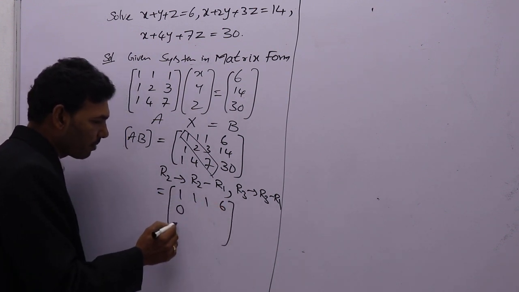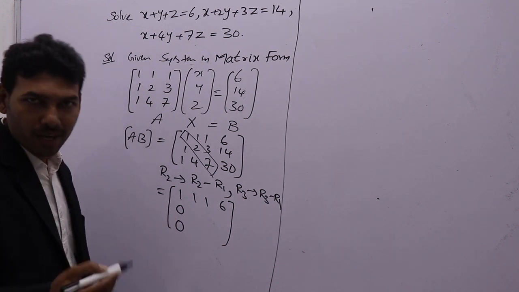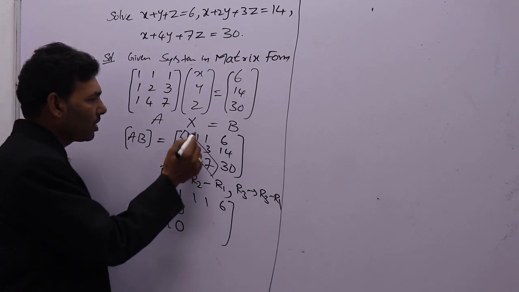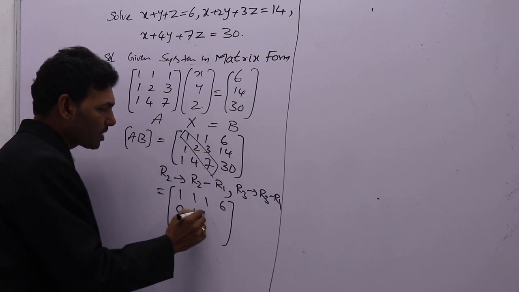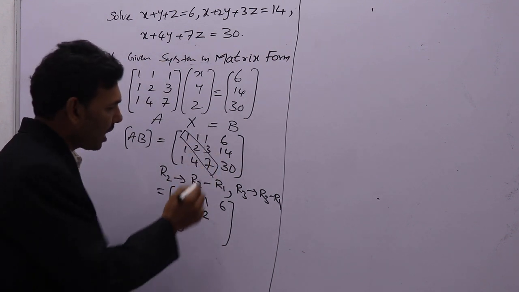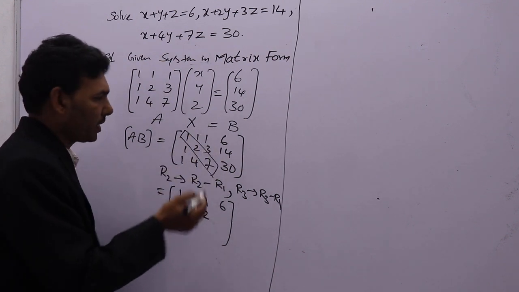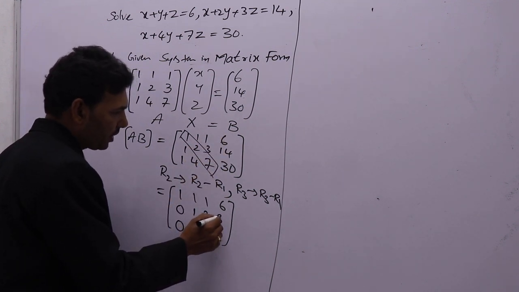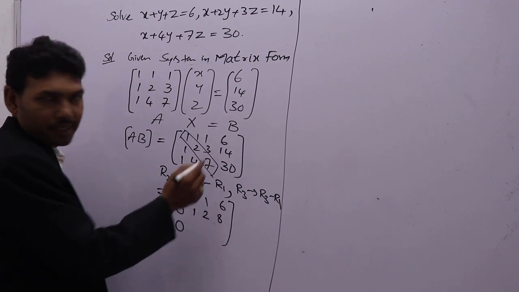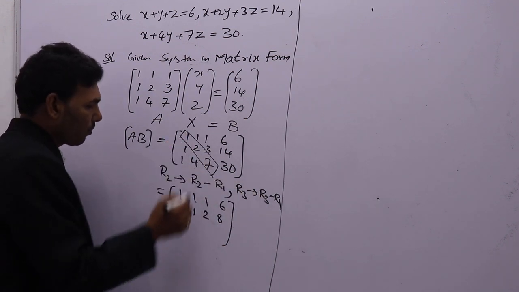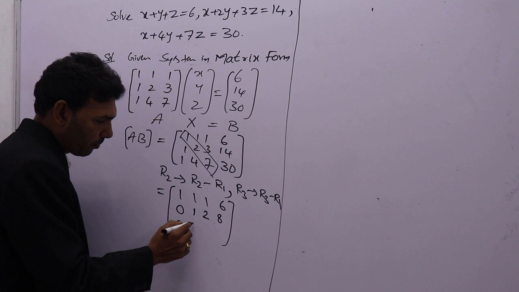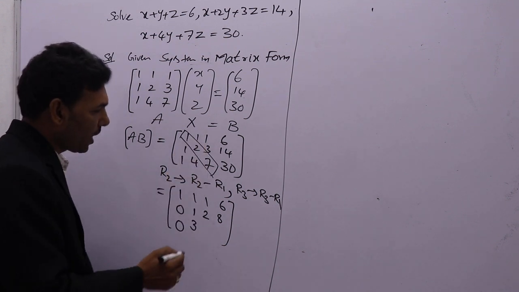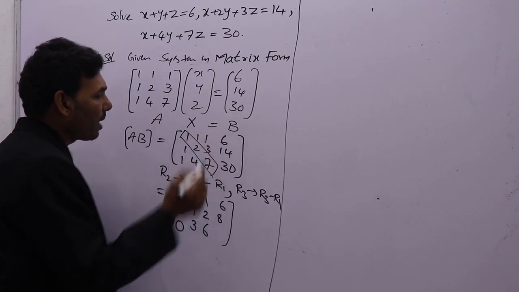In the second row, this element becomes 0. For the remaining elements we apply the operation: 2 minus 1 is 1, 3 minus 1 is 2, 14 minus 6 is 8. Next, R3 minus R1: 1 minus 1 is 0, 4 minus 1 is 3, 7 minus 1 is 6, 30 minus 6 is 24.